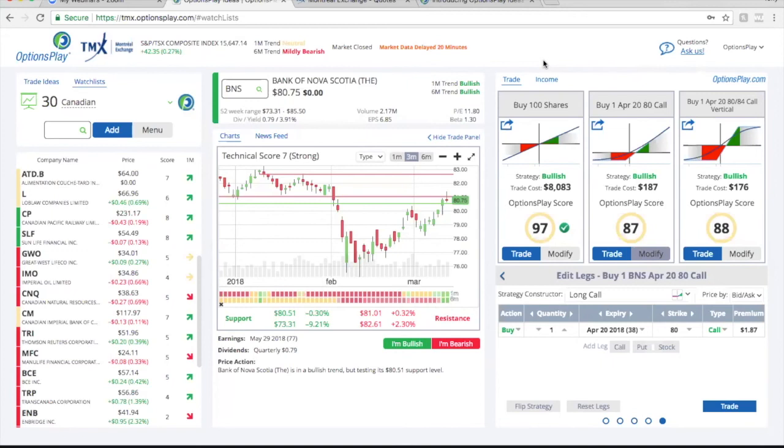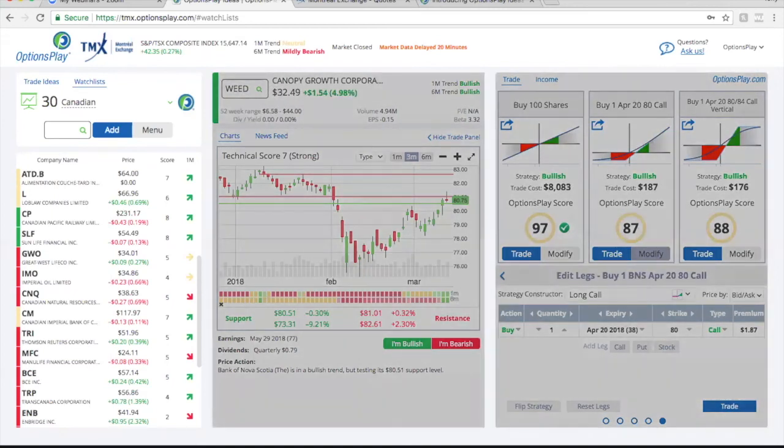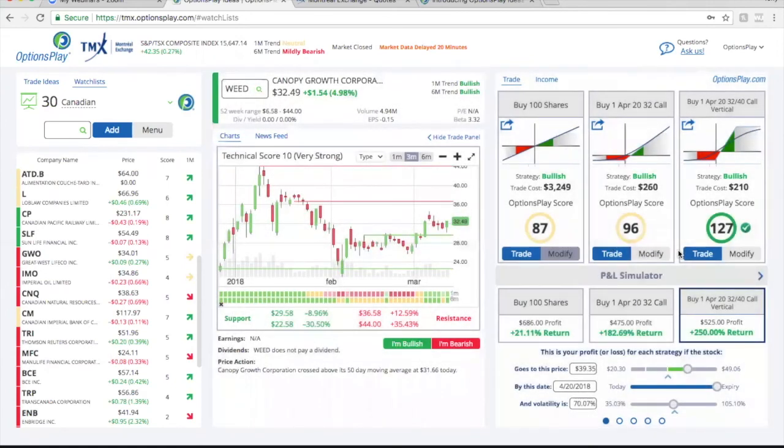Mark's asking, what's the difference between the options play symbol and the check mark next to the score? Great question. Let me see if I can bring up an example of this. So here you have a check mark next to the options play score. This is really just telling you which strategy has the higher score. That's it. Very occasionally, instead of a check mark, you'll see an options play logo.